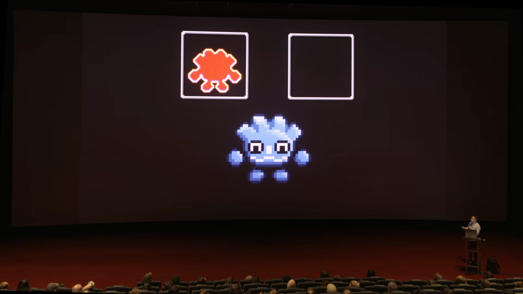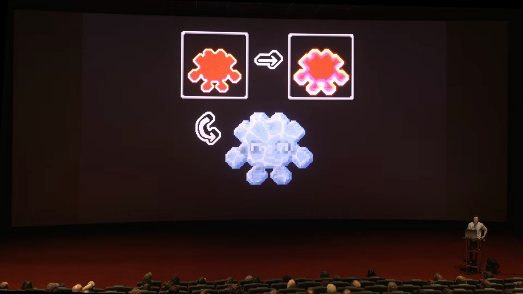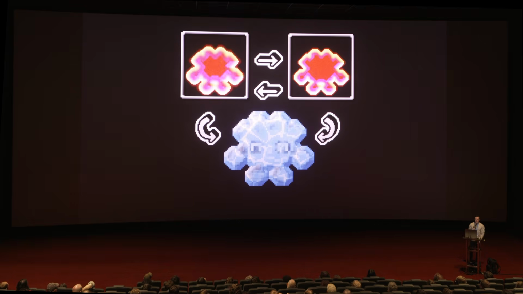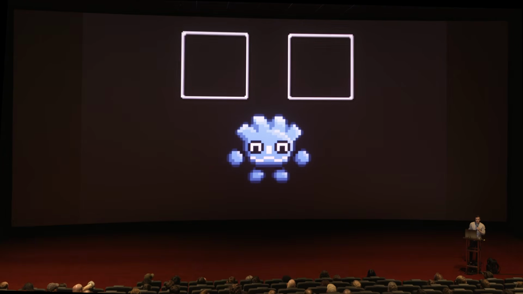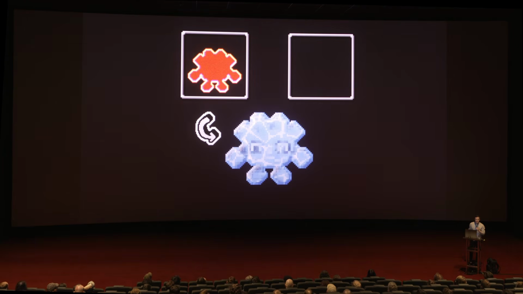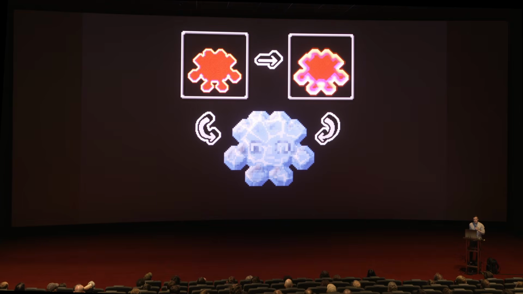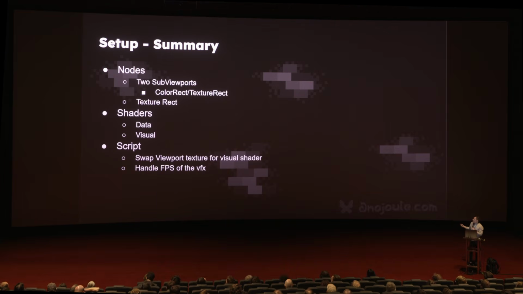Here we see how the setup looks. For the subviewports, you don't need to have a visual result, but there you can generate some data that you can use with another shader that just visually presents the effect. And here we see the subviewports update each other, and we alternate between which subviewport is used for the rendering result. So, a short summary: two subviewports, then a node that can render in it, and outside a node that you can use to visualize the result.